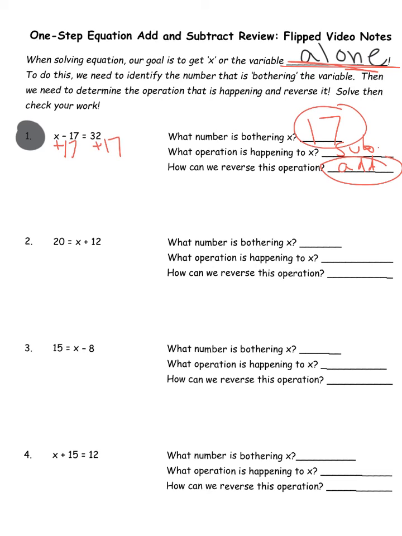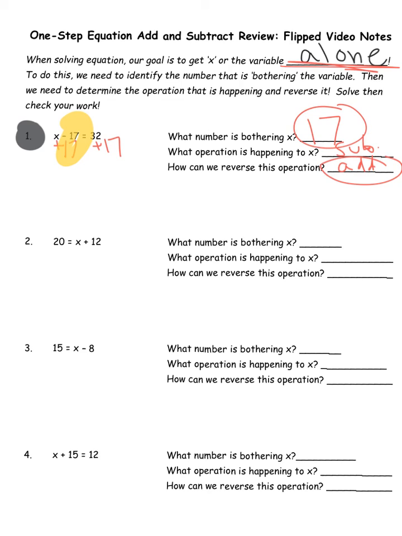Now these problems are not difficult at all, but the most important part here is that your work looks just like my work, because this is the required work for equations. So you've got a plus 17 on the left-hand side and a plus 17 on the right-hand side. If we look carefully, we can see that right here shows minus 17 plus 17.